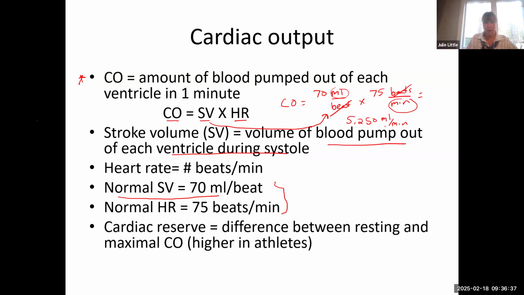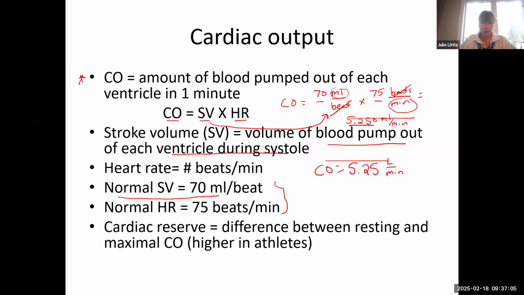Because there are 1,000 milliliters in each liter, we divide by 1,000 and get 5.25. A person with a heart rate of 75 beats per minute and a stroke volume of 70 milliliters per beat will have a cardiac output of 5.2 liters per minute.